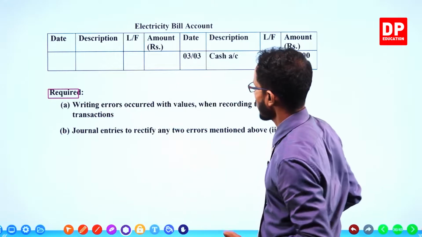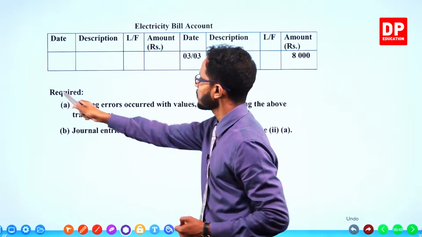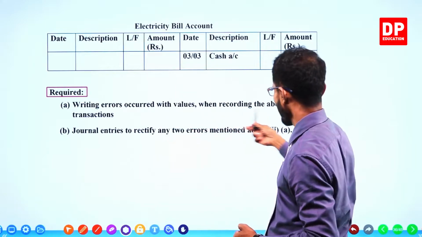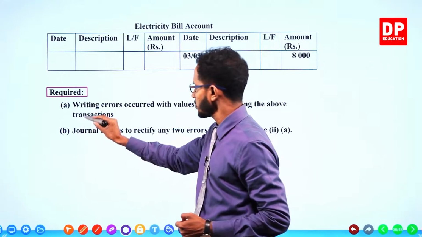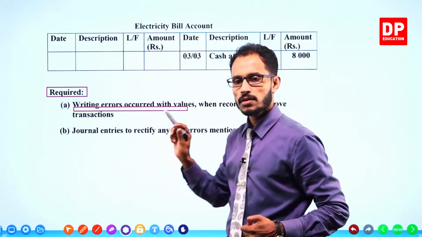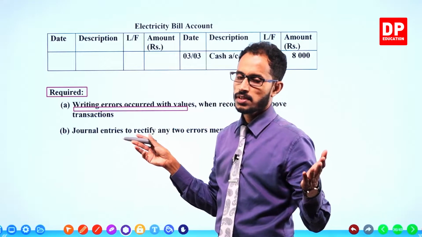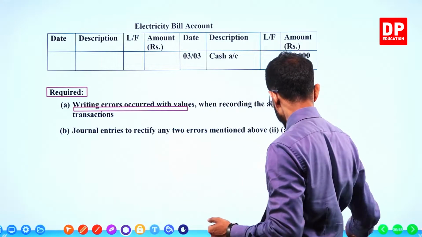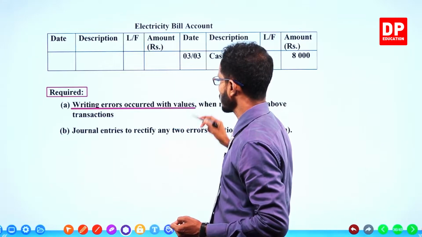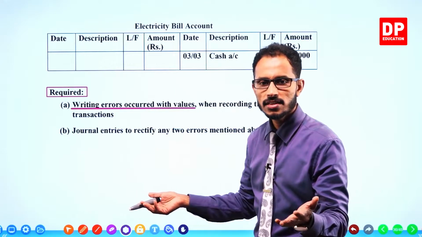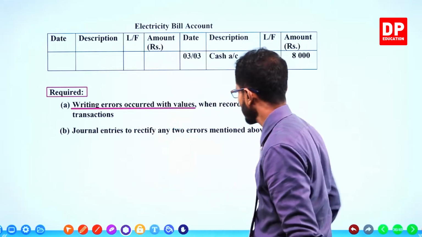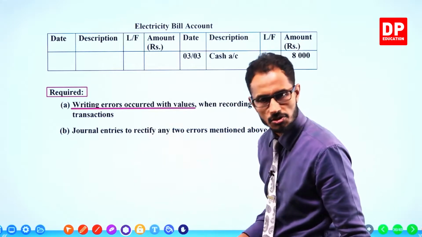Let's see what is required. Writing errors occurred with values. Told you, right? Didn't I tell you? I did. They are asking us to locate the errors in these ledger accounts when recording the above transactions.